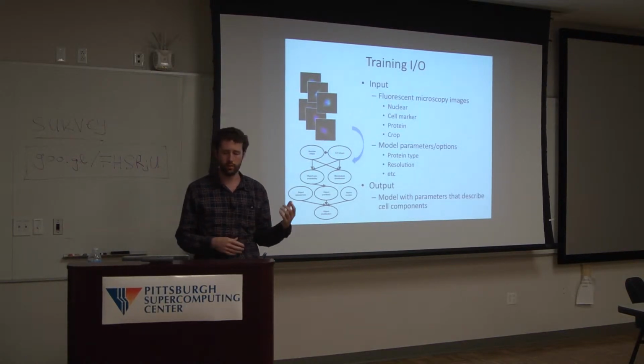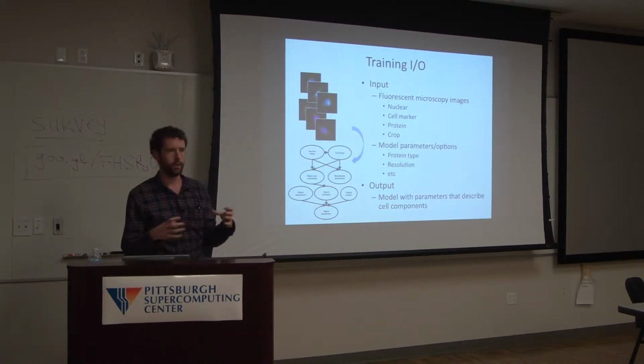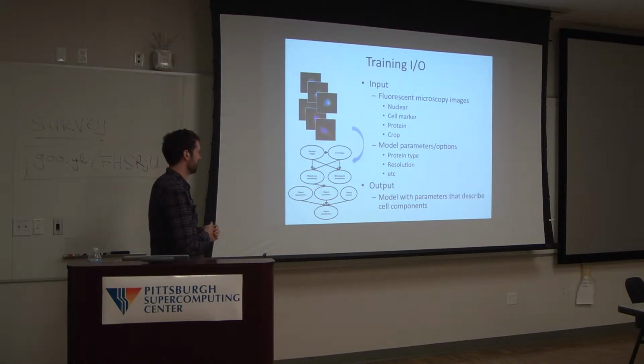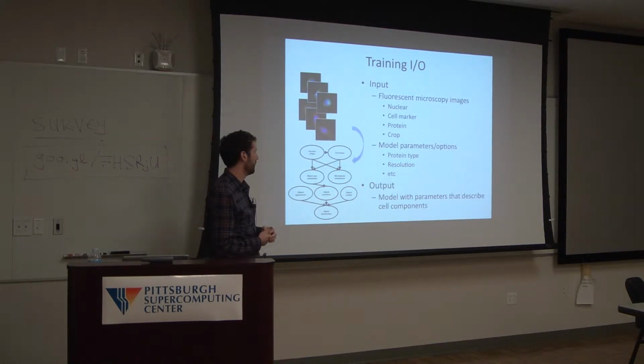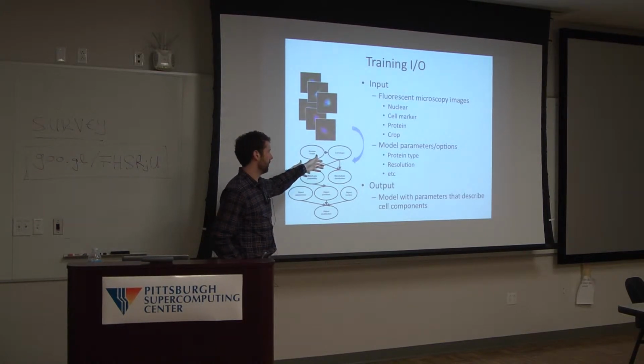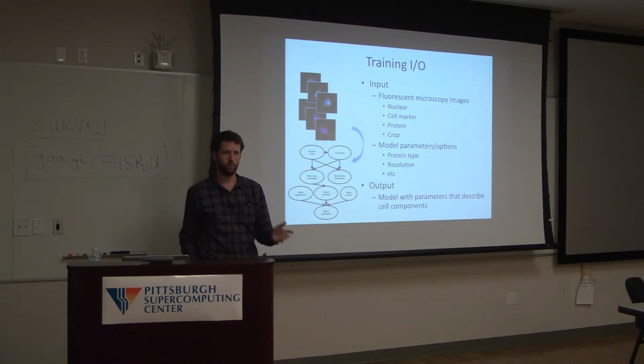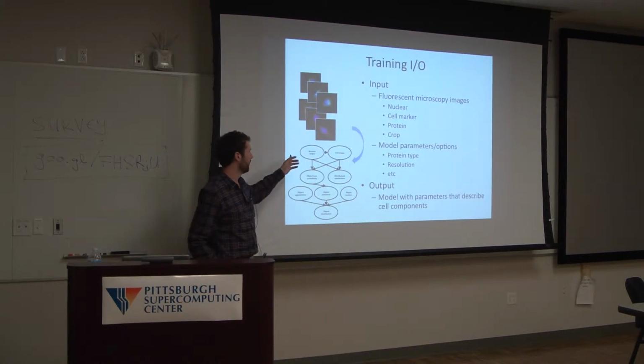So I'll show you in a second, but a cropped region, if you have like a field of cells where you have a lot of cells, is really useful for saying which cell you want to look at so your algorithms don't get confused. And then you need to tell Cell Organizer what type of protein you're modeling and what resolution you're modeling it at, and a couple other things that we'll look at in the lab later on.